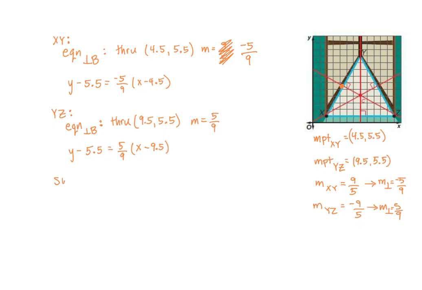But if I go ahead and solve that with substitution, we're going to take the negative 5/9 x minus 4.5 and set it equal to the positive 5/9 of x minus 9.5 and multiplying by a fraction, the reciprocal there on both sides, 9/5.